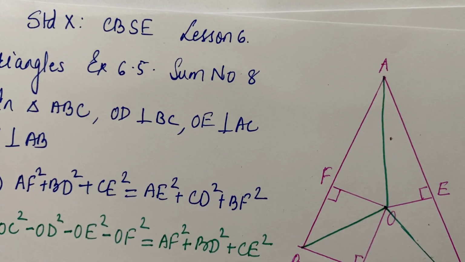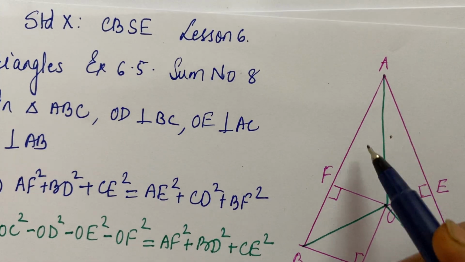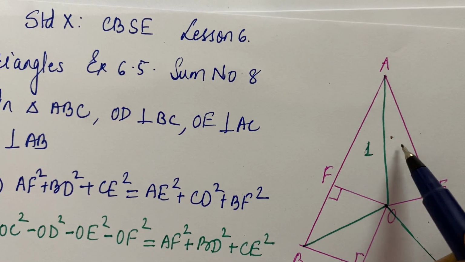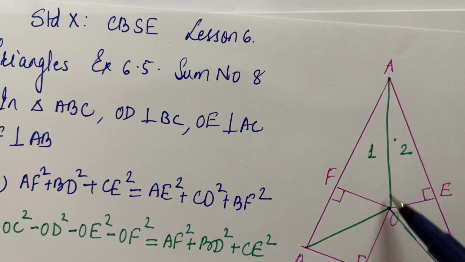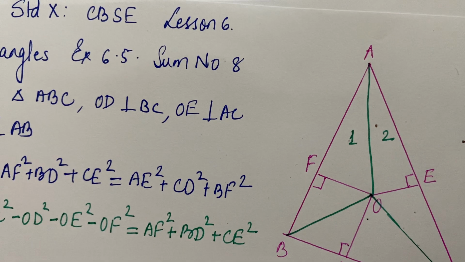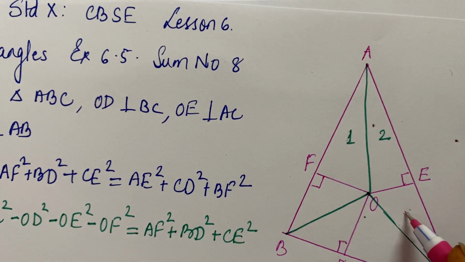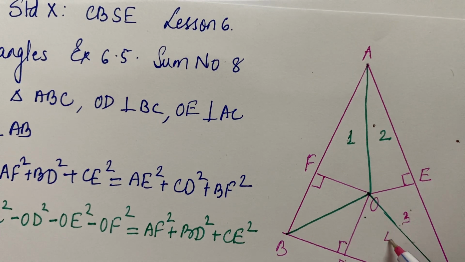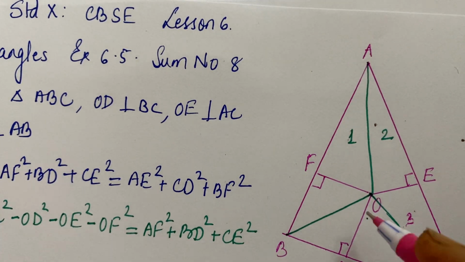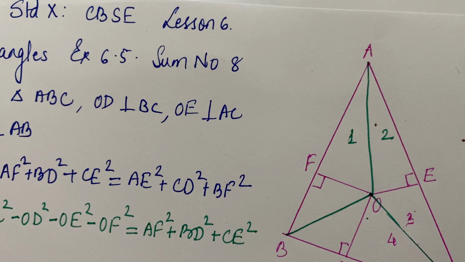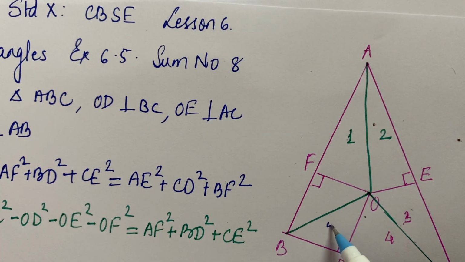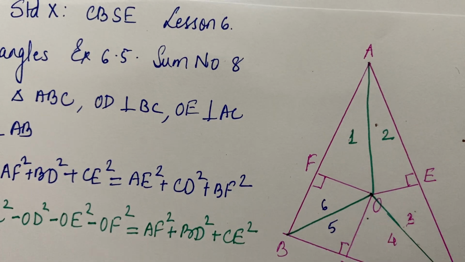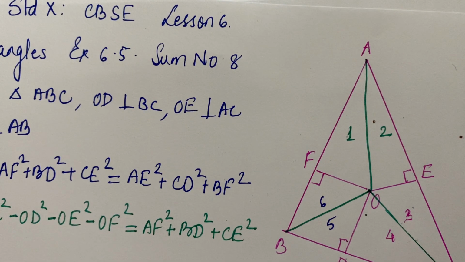How many right triangles do we have? Number 1, 2 have a common hypotenuse AO. Then 3, 4 have common hypotenuse OC, and the last one, 5, 6 have common hypotenuse BO.